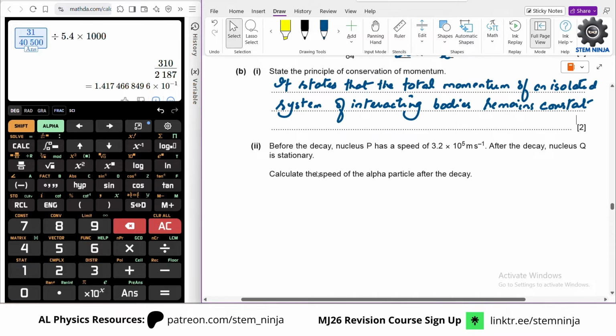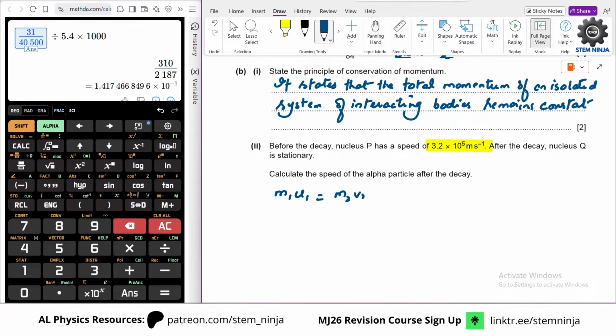Before the decay, the nucleus P has a speed of 3.2 times 10 raised to power 5. After the decay, nucleus Q is stationary. Calculate the speed of the alpha particle after the decay. Okay, so basically it is m1 u1 equals m2 v2.